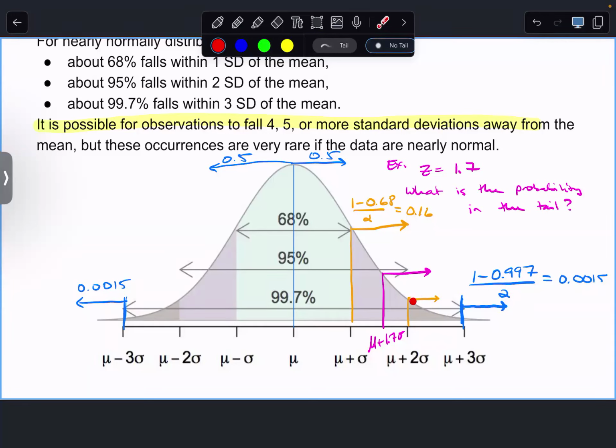From 2 sigma, by the rule, I have 0.95 in the center. So now I have 1 minus 0.95 divided by 2, which is 0.025. Oops, that's not very clear, is it?